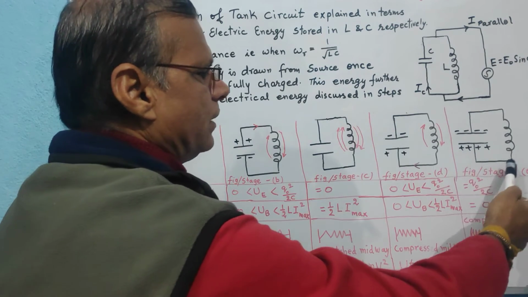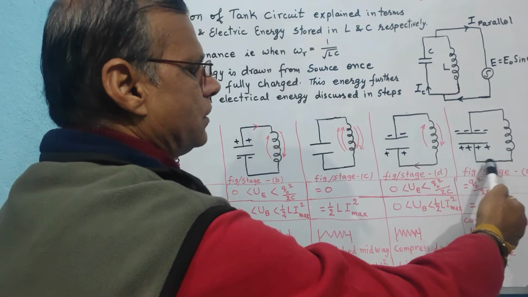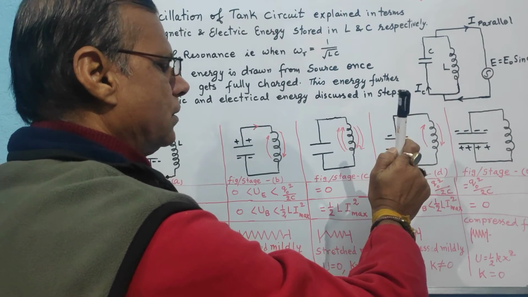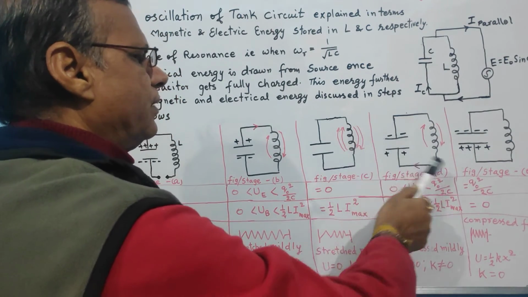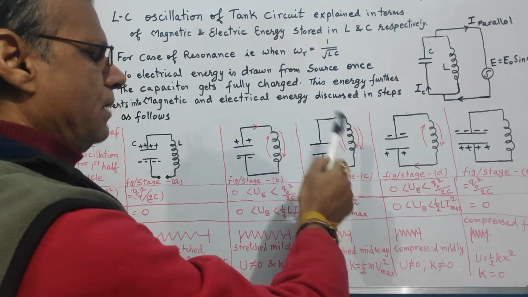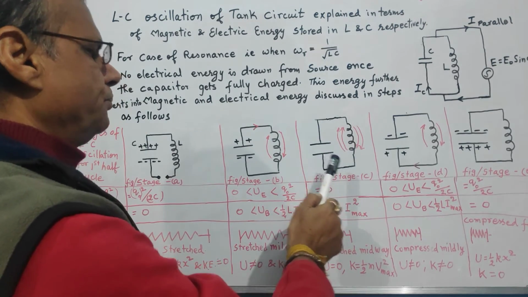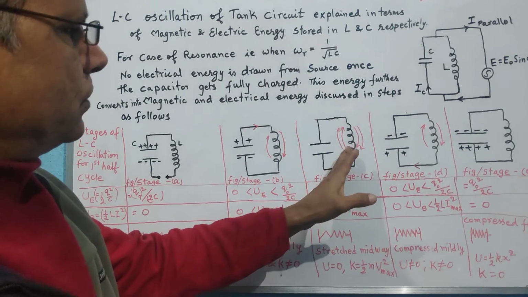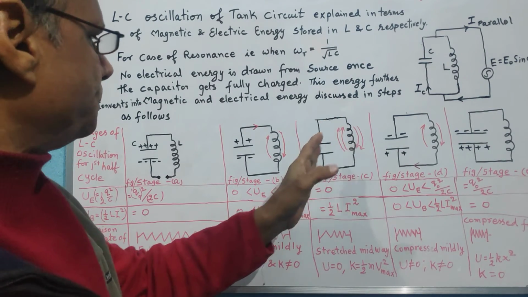The current will start flowing from the positive plate towards the inductance. The inductance will get magnetized to have maximum magnetization, but this time the sense of magnetization will be reverse of the previous stage.